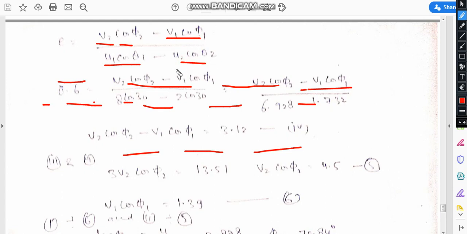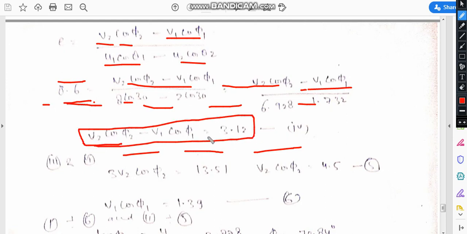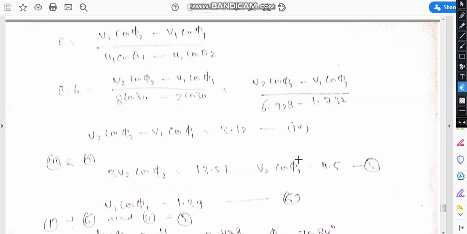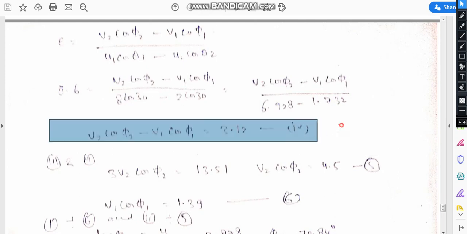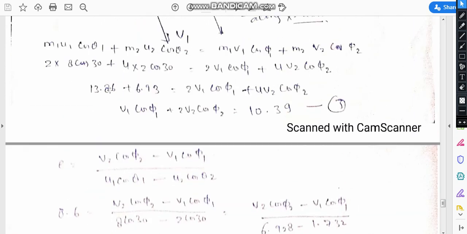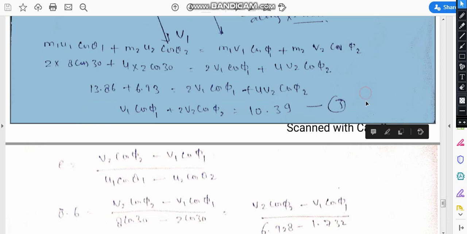So e is 0.6, and by using the values of u1 and u2 we obtain the next equation, that is v2 cos phi 2 minus v1 cos phi 1 equals 3.12.